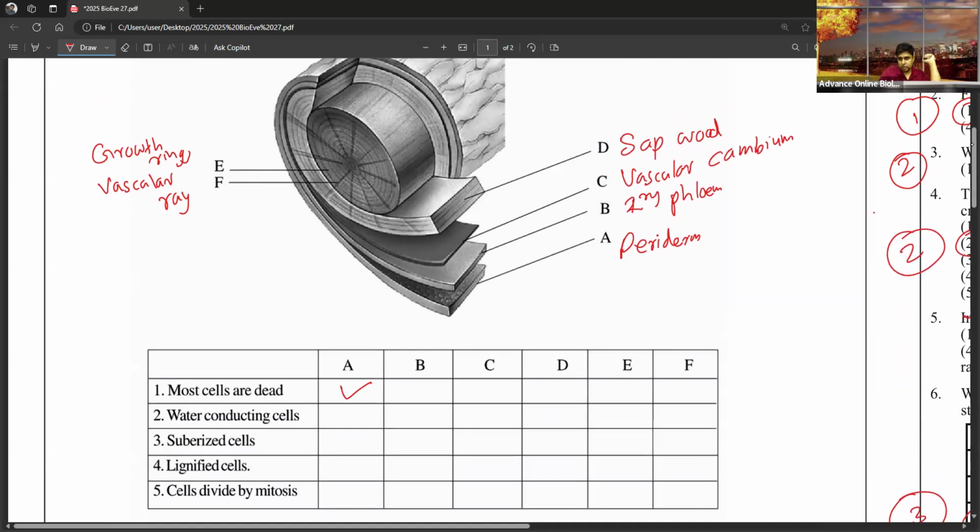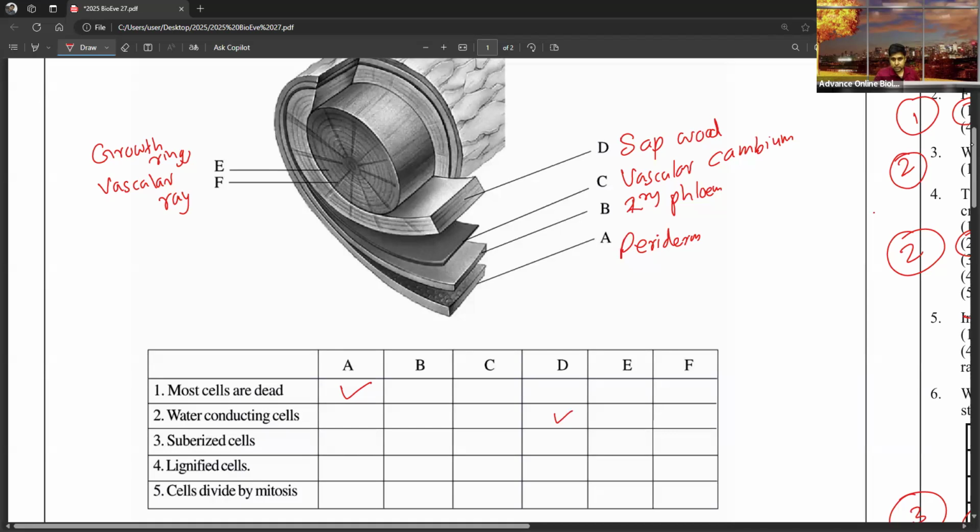C, vascular cambium, no. D, sapwood, it has some living cells. F and G, vascular rays, no. Water conducting cells: you can take D.